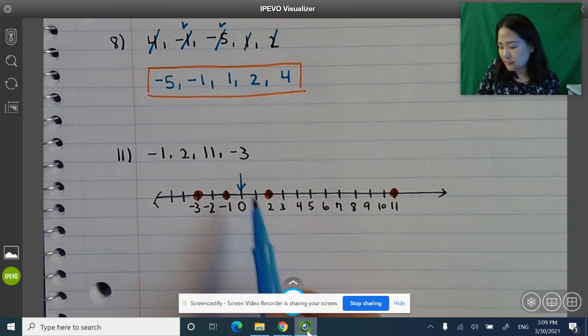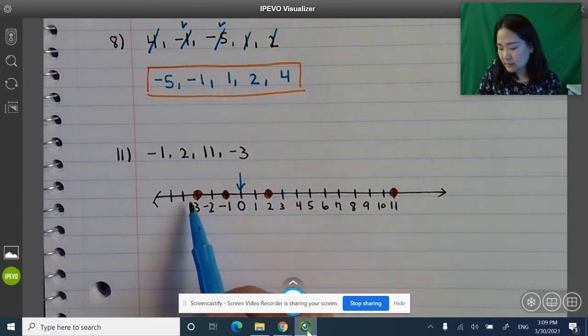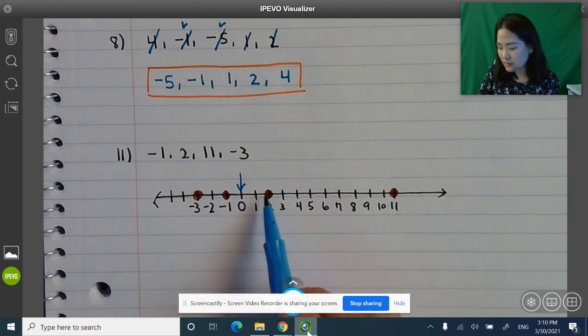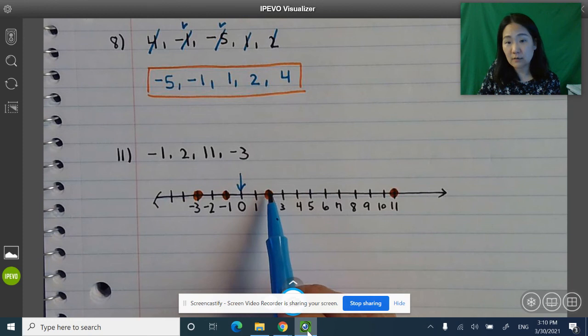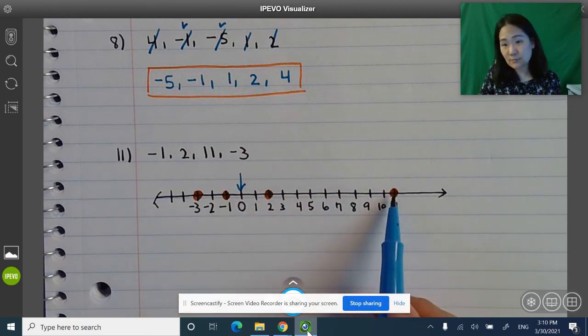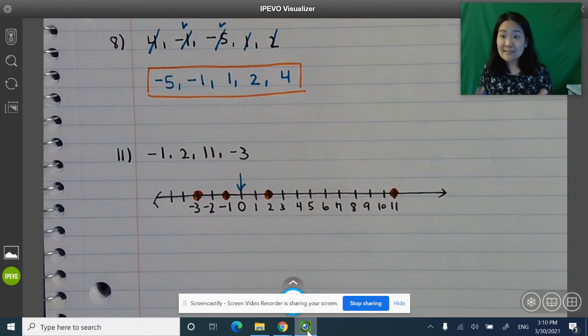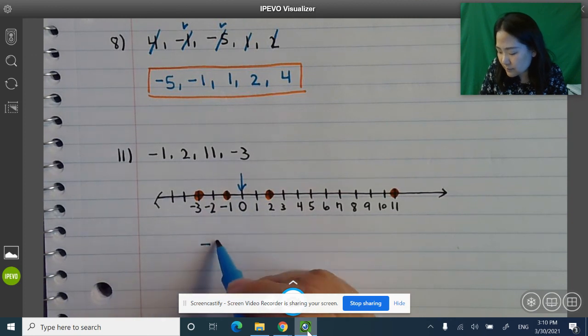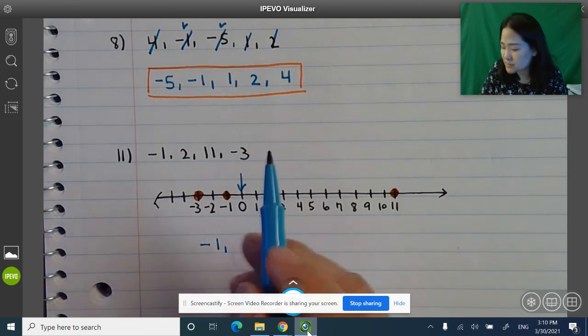This one, negative 1, because it is only 1 unit from 0. This one is 3 units from 0. This one is 2 units from 0. And this one is 11 units from 0. So that's the answer. The one that's closest to 0 would be negative 1, because it's only 1 unit away from 0.